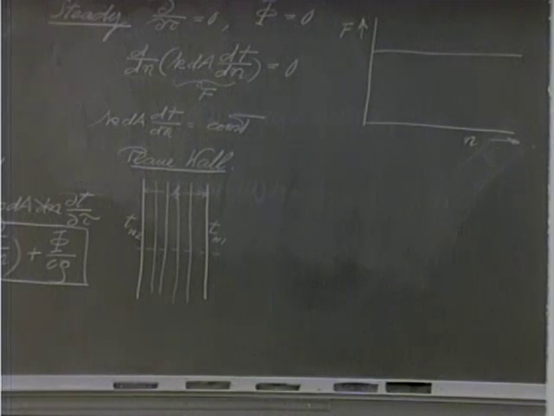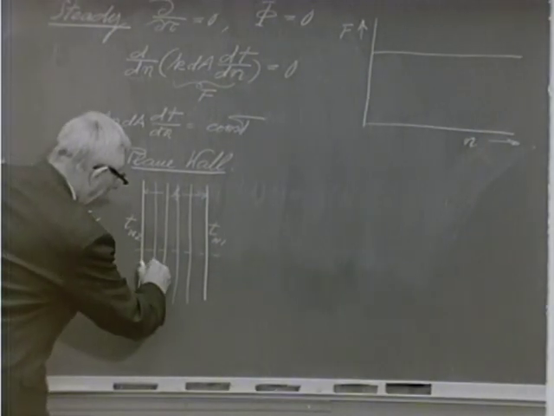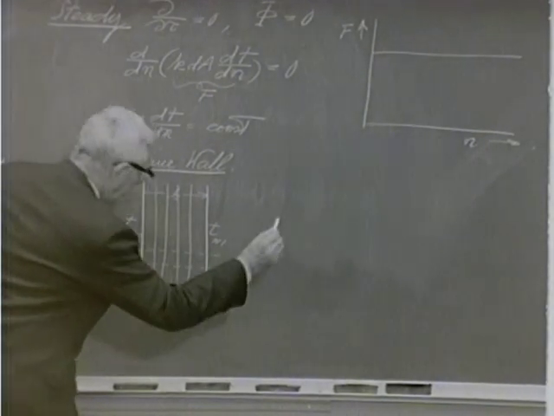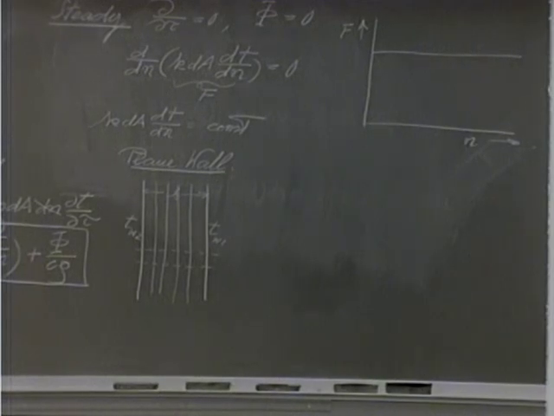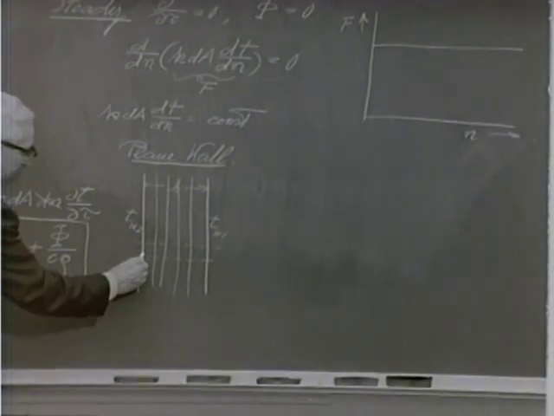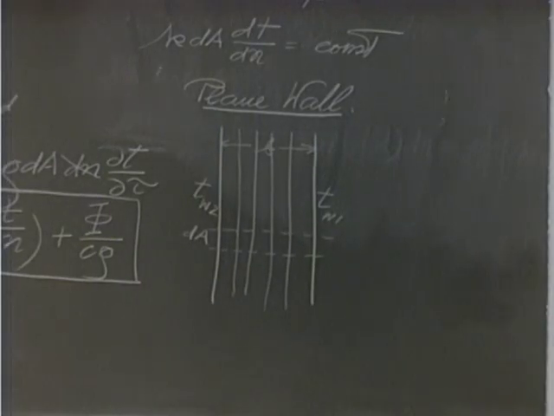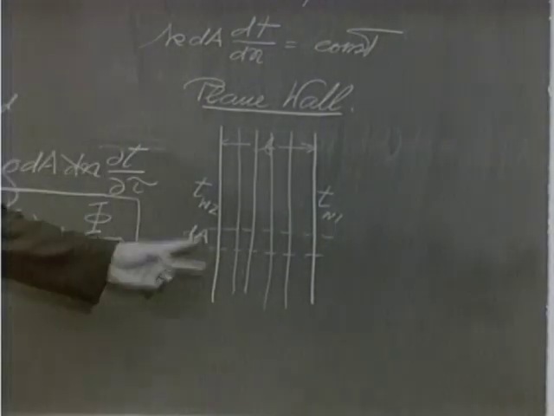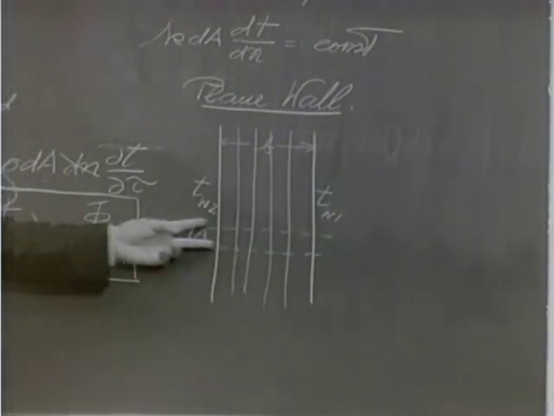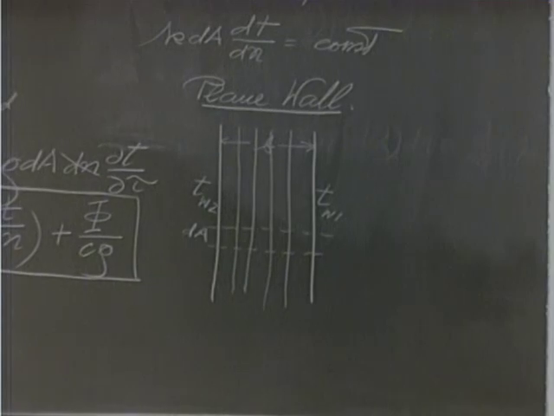And if we draw a stream tube, it would look like this. For instance, a stream tube which at this one surface has a surface area dA. Obviously then for this specific situation, for the plane wall, the dA is constant, doesn't change.